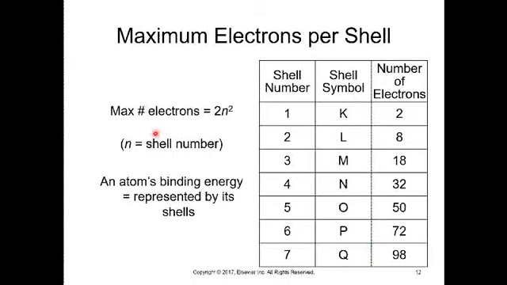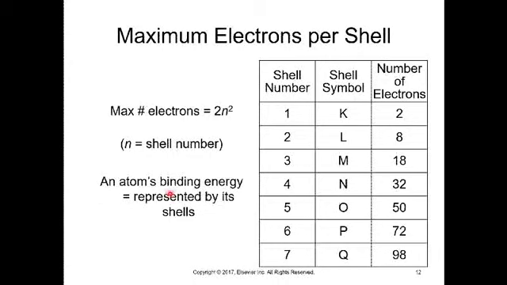What you do need to know is that the maximum number of electrons, the formula for it is 2n squared. And n delineates your shell number, okay? 2n squared, that's the maximum number of electrons. You need to know this formula. And you also need to know that an atom's binding energy is represented by its shells.